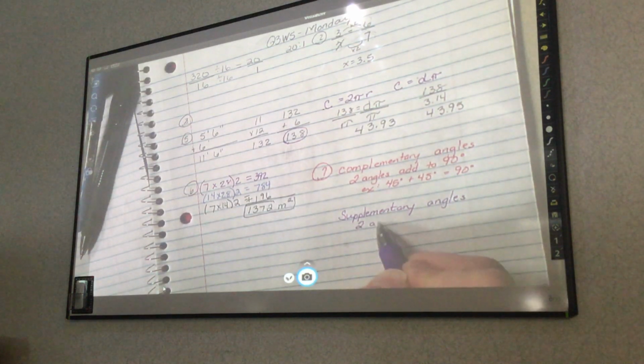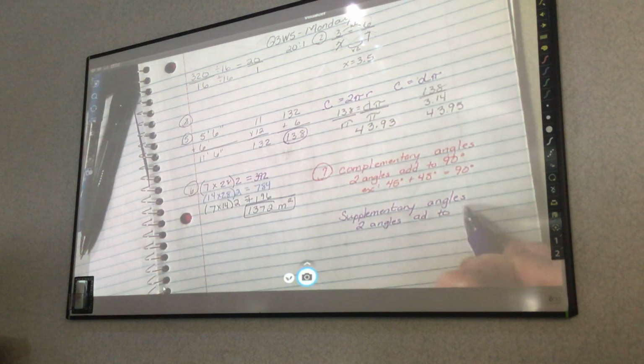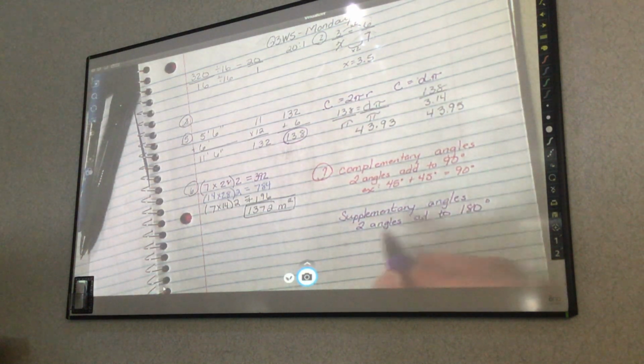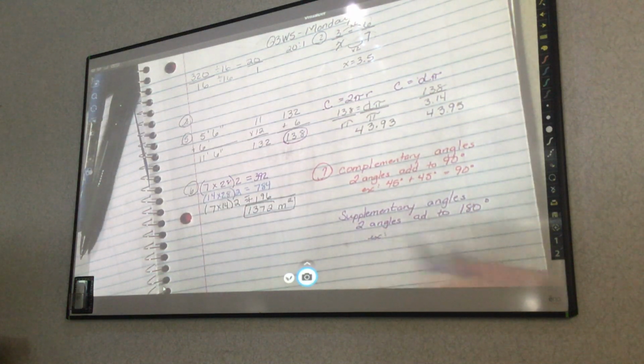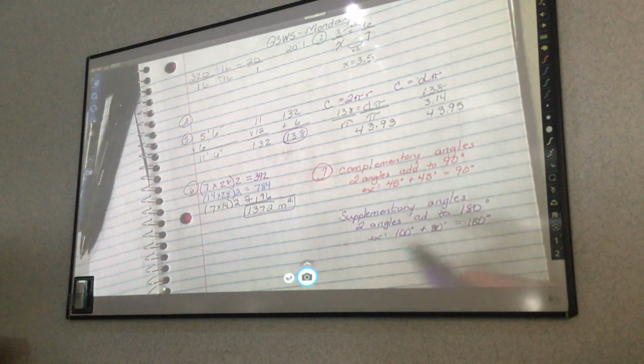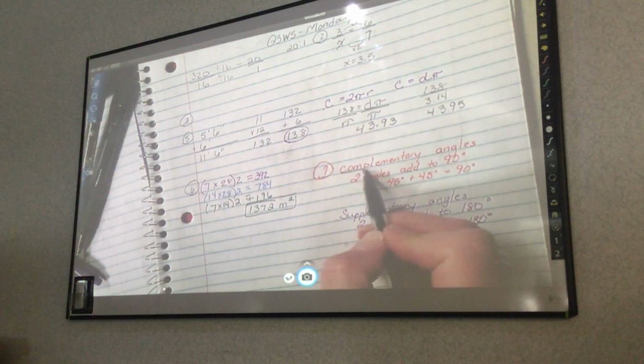Two angles add to 180 degrees. So an example, a 100-degree angle plus an 80-degree angle equal 180 degrees, so they are supplementary. You will need to know these terms.